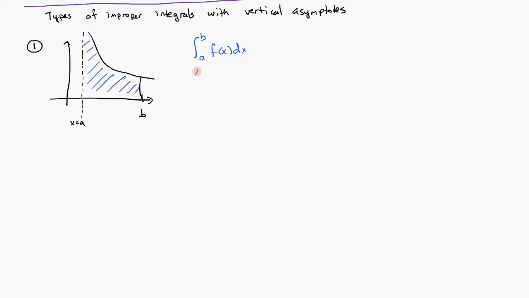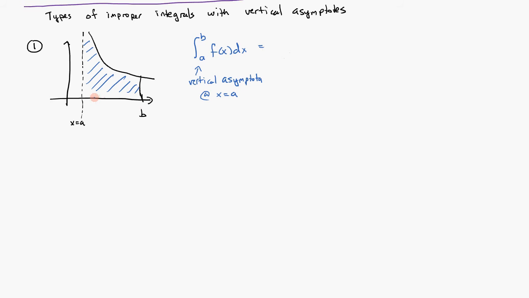Again, the vertical asymptote is at x equals a. So at one of the endpoints, the function will be undefined.